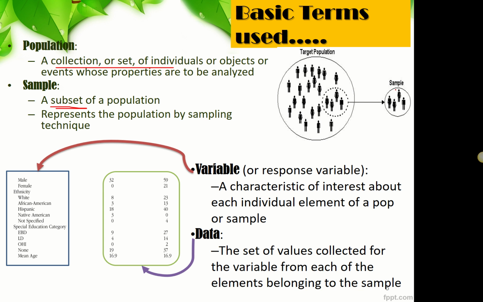That's why the sample must represent the population by using a sampling technique. So this is the difference between population and sample. Population is a big group that you are looking into, and sample is a subset of the population. Data is all the data that you collect based on this sample, not for the whole population, right?